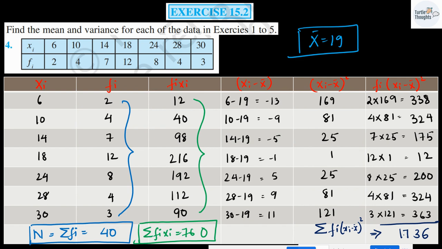So I will be getting 1736 as the value of summation of fi multiplied by xi minus x bar whole square.